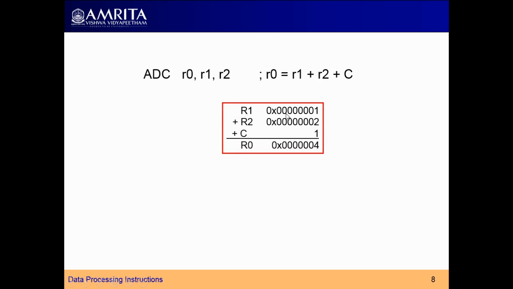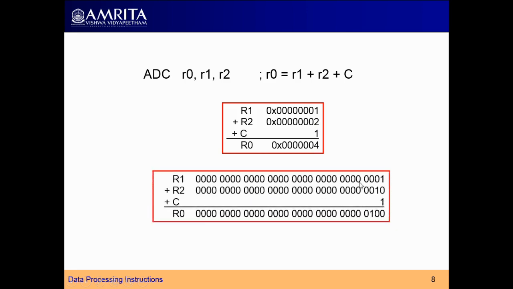So let us take R1 having 1, R2 having 2, and the carry bit in CPSR is set, it is 1. So what will happen if you are using ADC? Content of R1, that is 1, plus content of R2, that is 2, plus content of carry, that is 1. So 1 plus 2 plus 1, you will get 4.